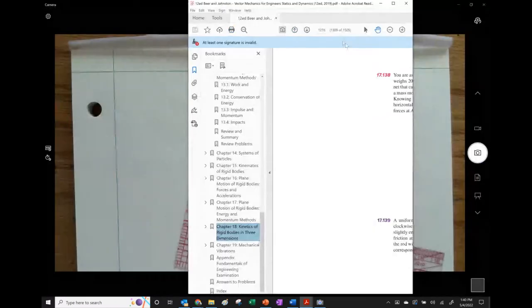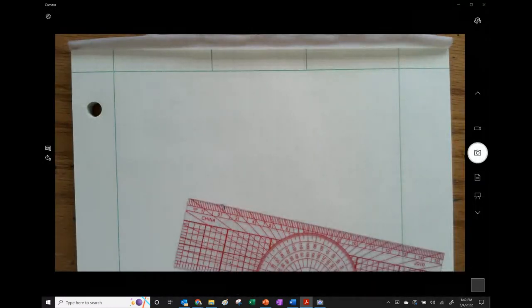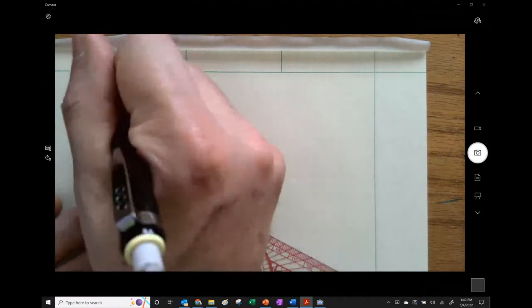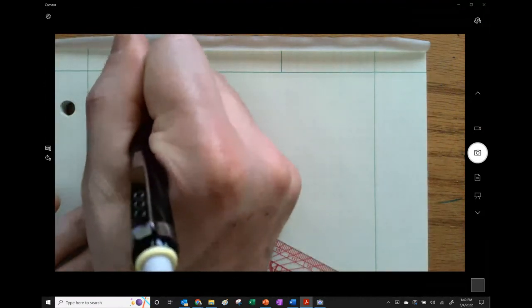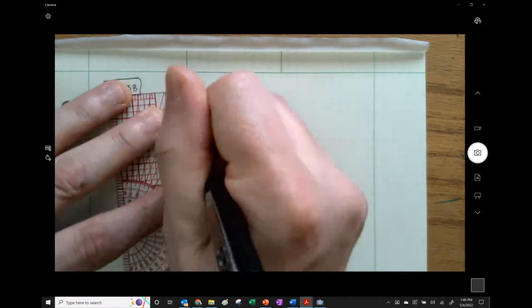So let me attempt this problem here. Actually, it's a work-energy problem combined with impulse and momentum. This is problem 17-138. I'm doing this because you guys didn't ask a question, so I figured I'll just pick one. Why not?